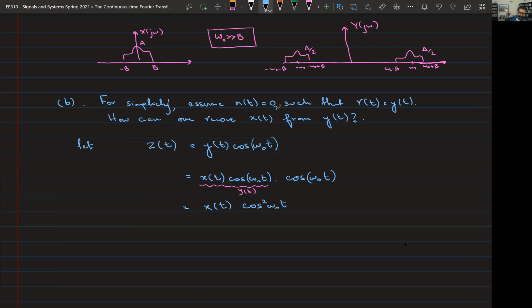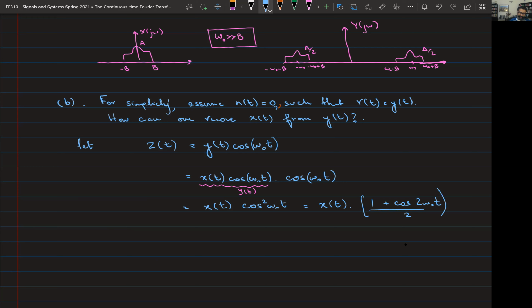And what happens here? I can use the trigonometric identity, which is cosine square theta is 1 plus cos 2 theta divided by 2. So this is x of t times 1 plus cosine 2 omega naught t divided by 2.